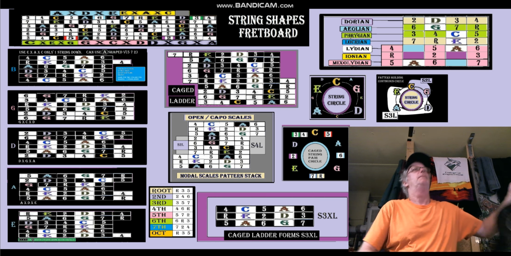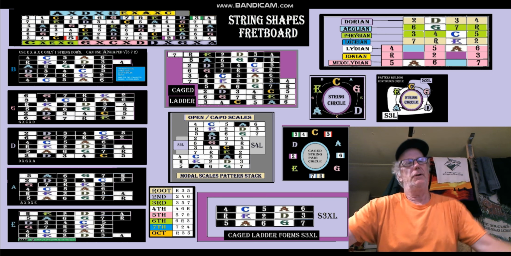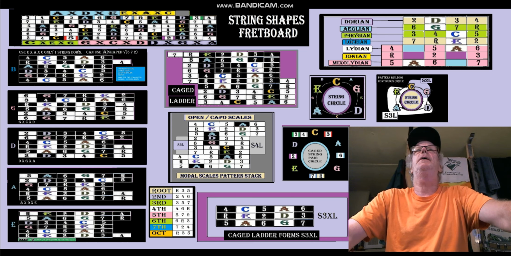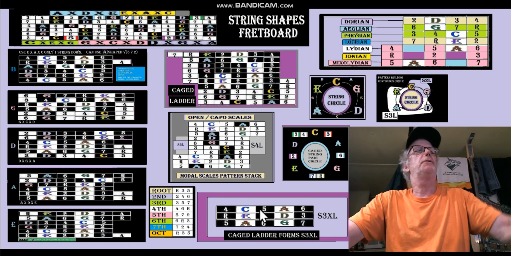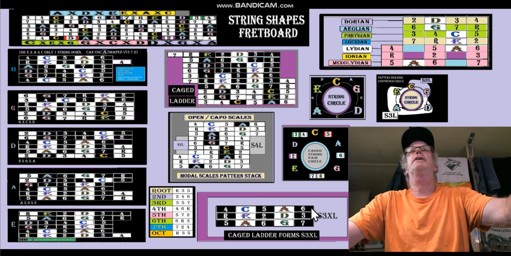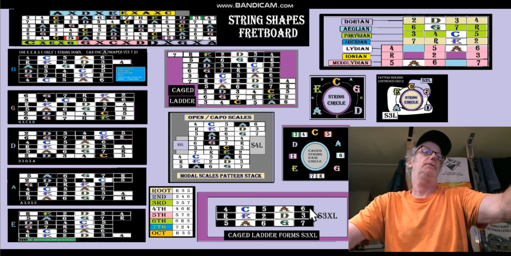I messed that up. But you can do it. You can use the S3XL because it's essentially a major scale. It's actually from 5 to 5 a mixolydian, and from 6 to 6 is an aeolian. So you can do a lot with that, right?